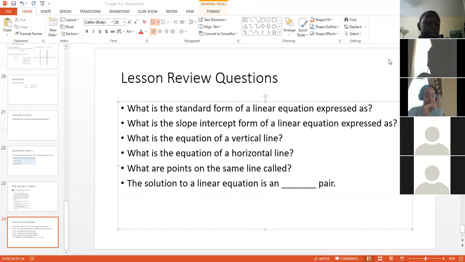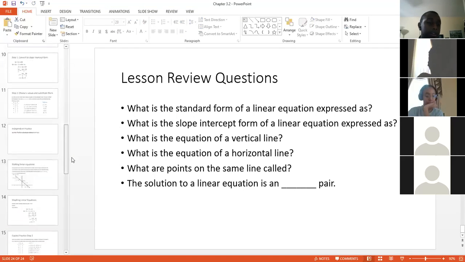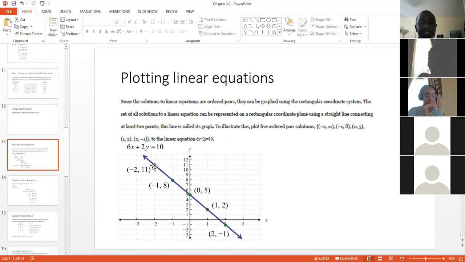Okay. Points on the same line are collinear. Remember that word? Collinear. Just like co-workers work for the same company. The workers, they're similar, they work for the same company. These points work for the same line. They're collinear points.